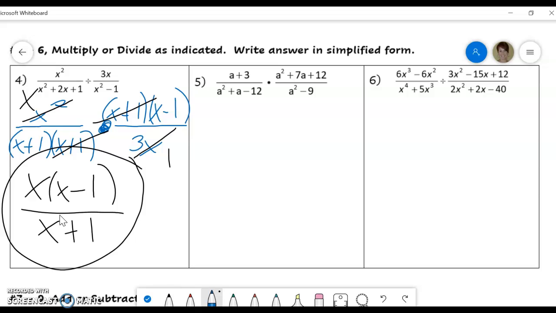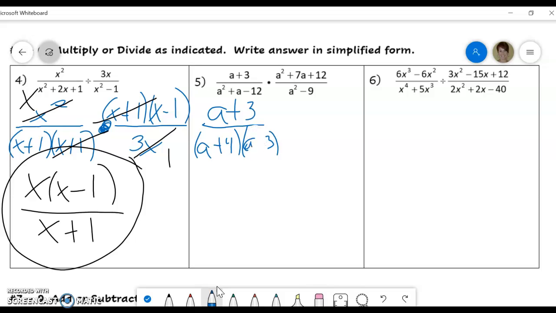Okay? All right. Number 5 is multiplying, so we don't have to worry about doing anything to this second fraction. So we're going to leave everything. Let's just factor. So we have a plus 3, and then we would have a plus 4 times a plus 3. And I believe that gives us, oh no, let me erase this, my bad.